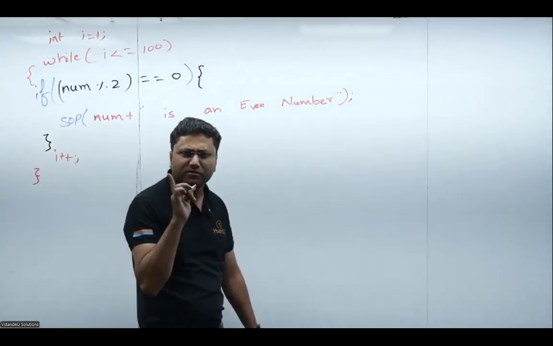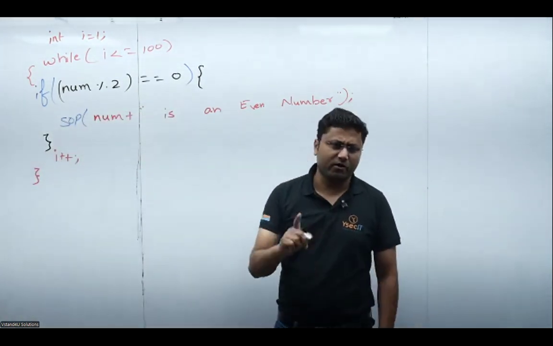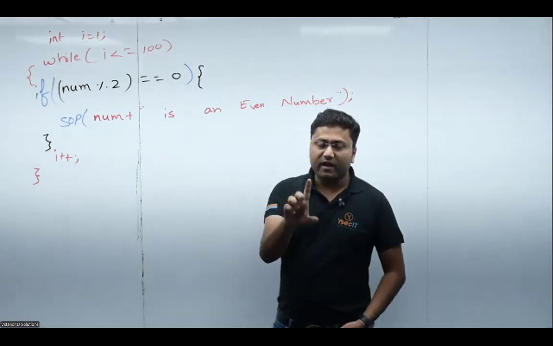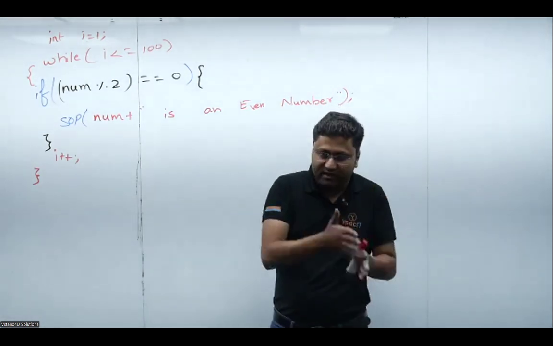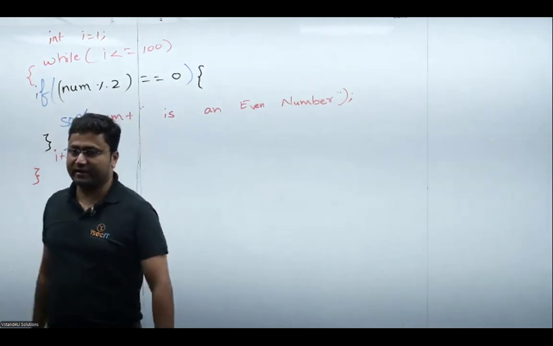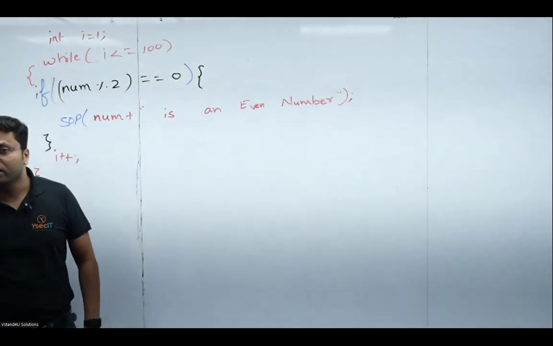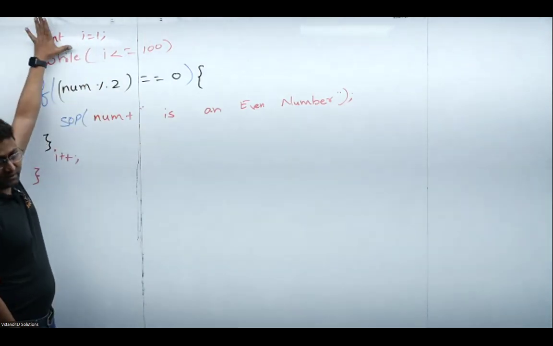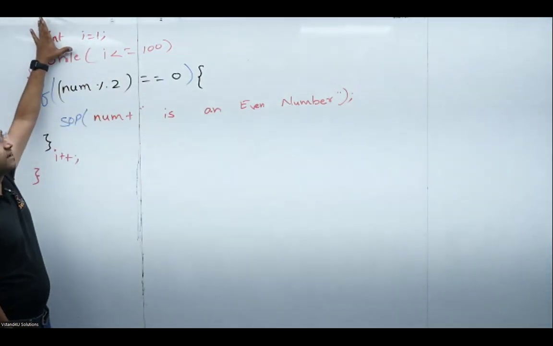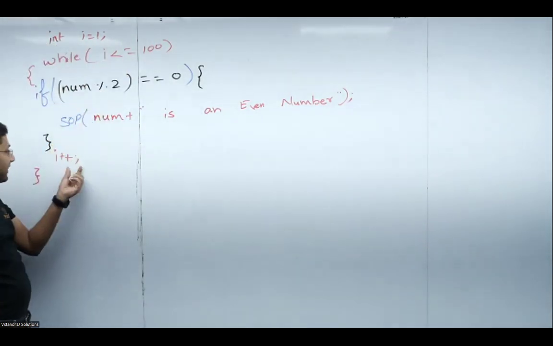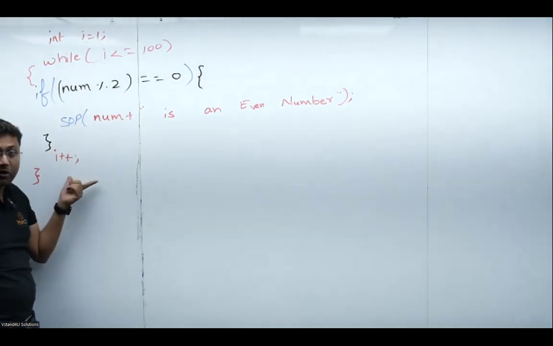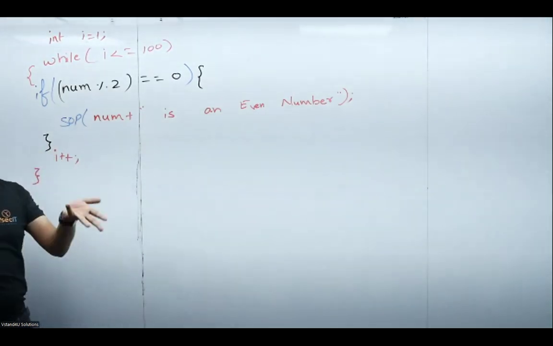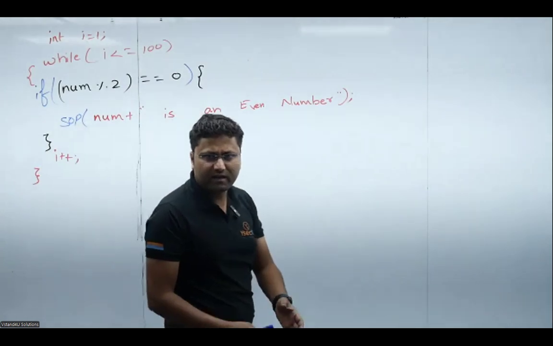If you observe, what is the difference between while and for? In for, at one line, initialization, condition check, and the increment or decrement is happening. But in case of while, first you do the declaration and initialization separately, then the condition, then within the body, ensure incrementation or decrementation is done.